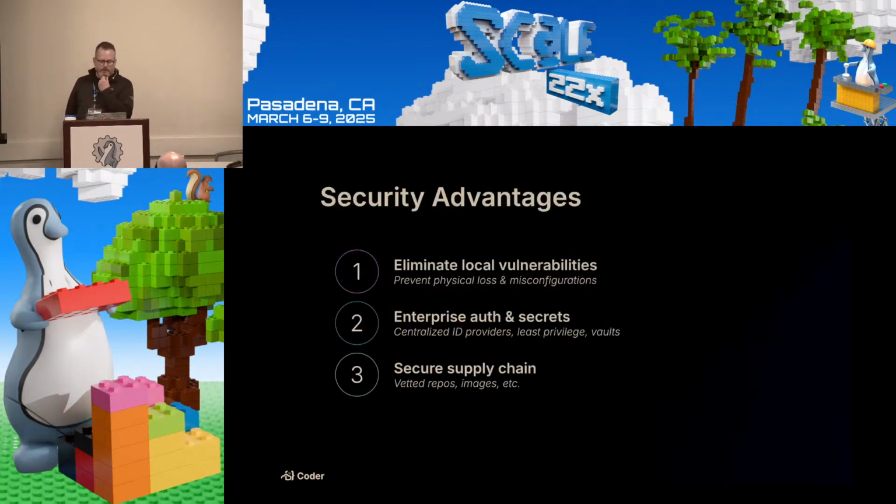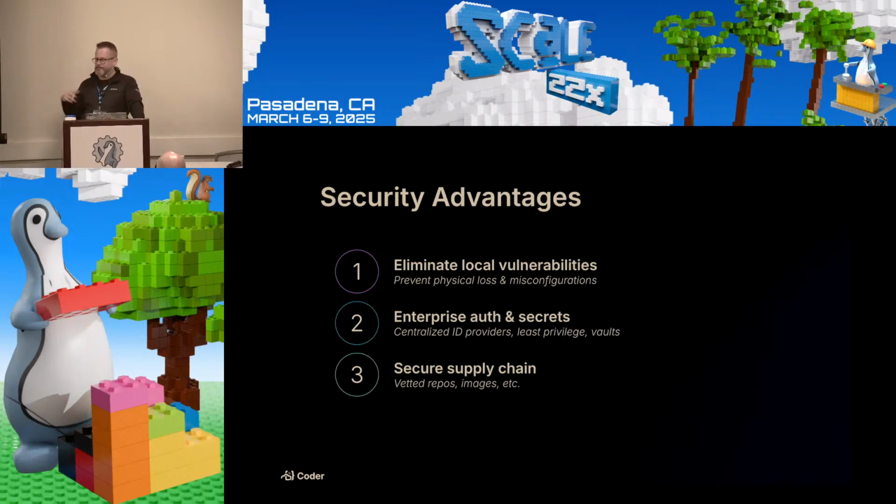So, yeah, the security advantages, I went into the first one here, physical loss and misconfigurations. You eliminate all of those vulnerabilities and all those attack vectors when you're using a CDE. You integrate into your enterprise accounts. You're already using your centralized ID providers. You can set them up for a least privilege model.